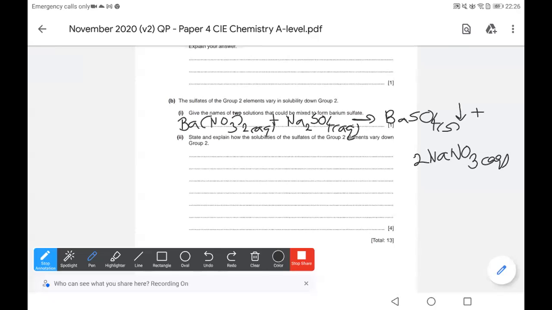Solubility decreases because the interaction between ions increases. When cation size increases, the ionic density decreases, so the ionic nature decreases, and the ions try to get together with each other.